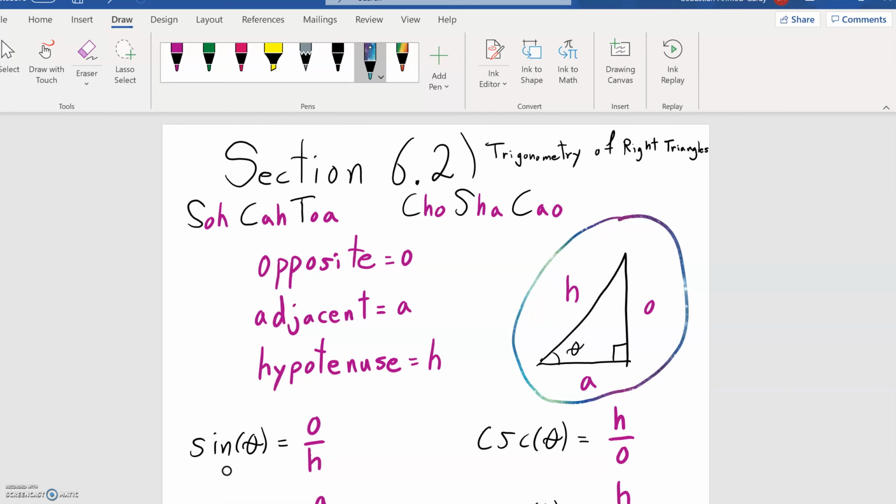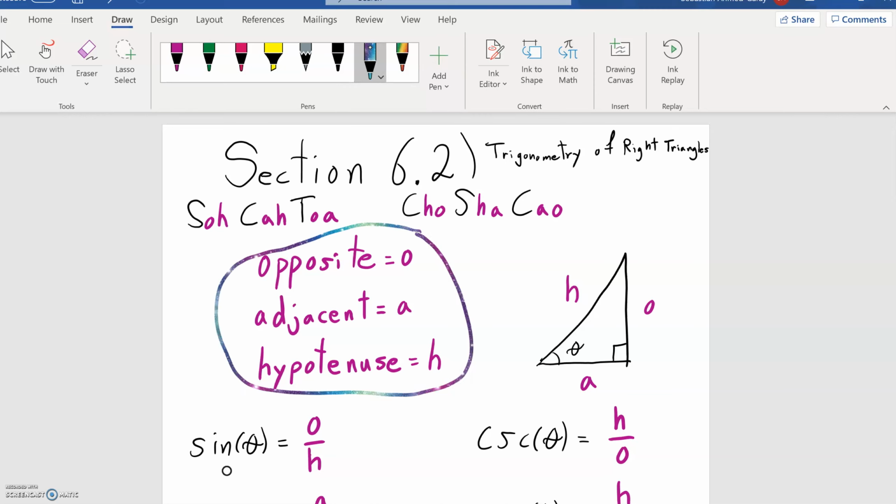For that angle theta, the O, the A, and the H are defined over here on my left. The side that is opposite theta is called the opposite. I denoted this by an O. That is not a zero. The side that is adjacent to theta is called the adjacent. I denoted this by a lowercase a. The hypotenuse is denoted by h, and that's the hypotenuse of the triangle, the longest side of a right triangle.